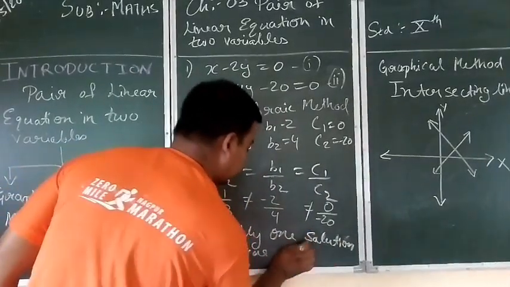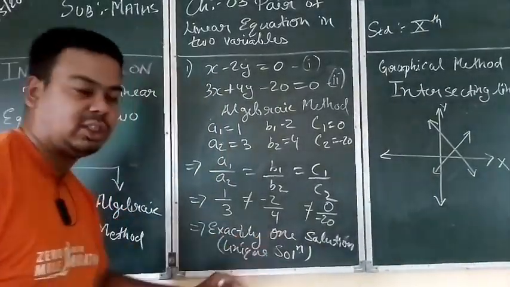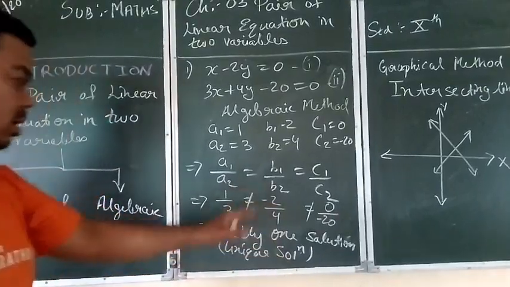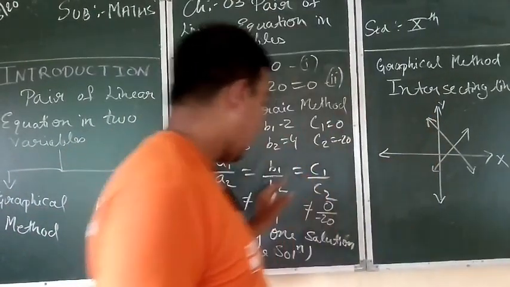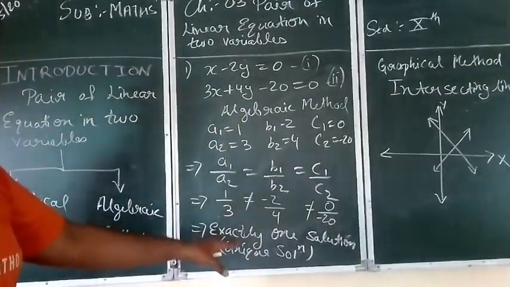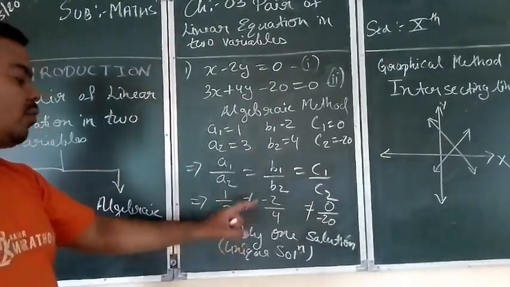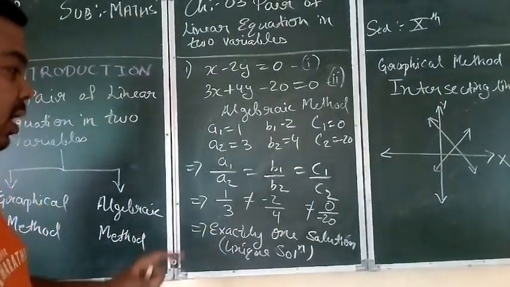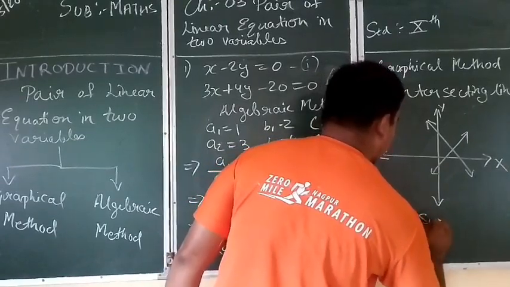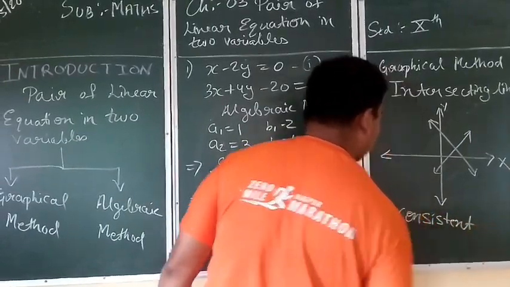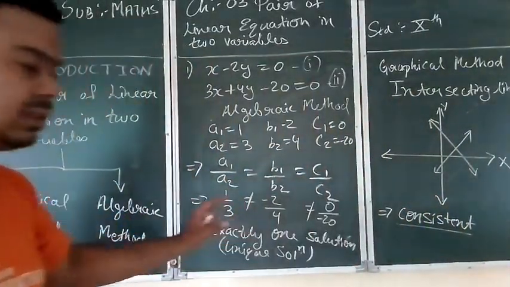In algebra, exactly one solution means a unique solution. In the graphical way, we call it intersecting lines. Here we find the solution because the lines intersect, so this is exactly one solution, a unique solution. So it is also consistent, because we find the answer, the solution, here.